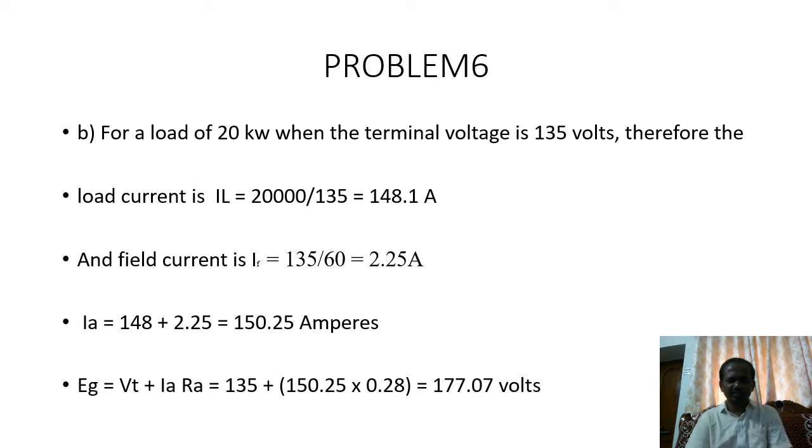Right? So first of all, you can draw the armature and shunt field winding diagram. Write all these equations, the derived equations. Substitute the data that is given, and the problem you can determine.